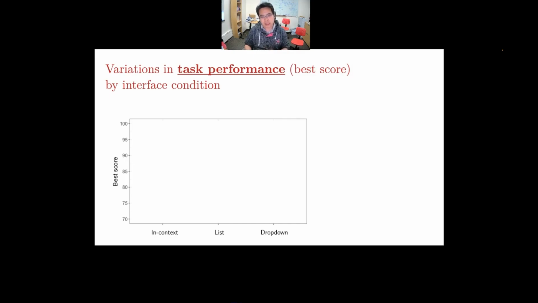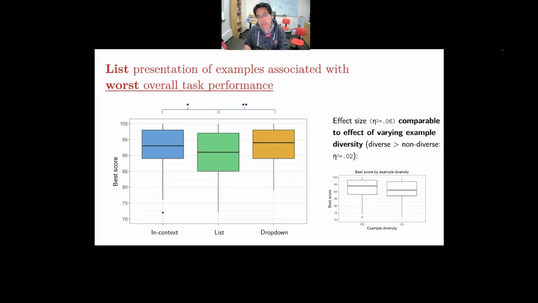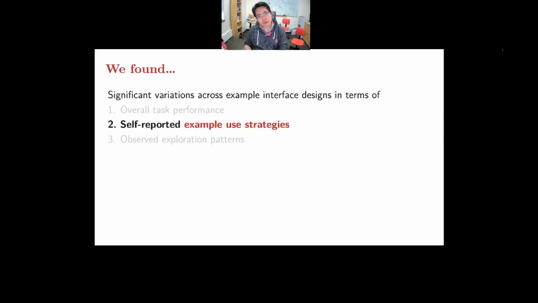And on the x-axis, we have in-context, list, and drop-down conditions. And what we see is that the list presentation of examples is associated with the worst overall task performance, significantly worse than both the in-context and drop-down conditions. What's interesting also is that the magnitude of this effect is comparable to the advantages of seeing diverse examples as opposed to non-diverse examples.